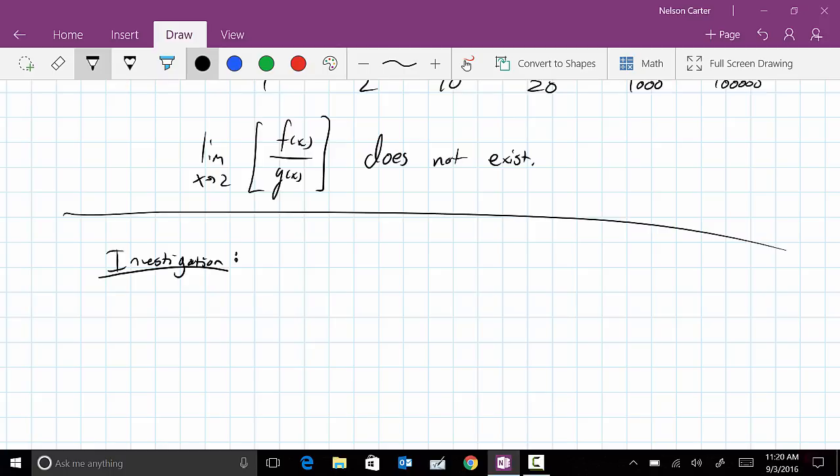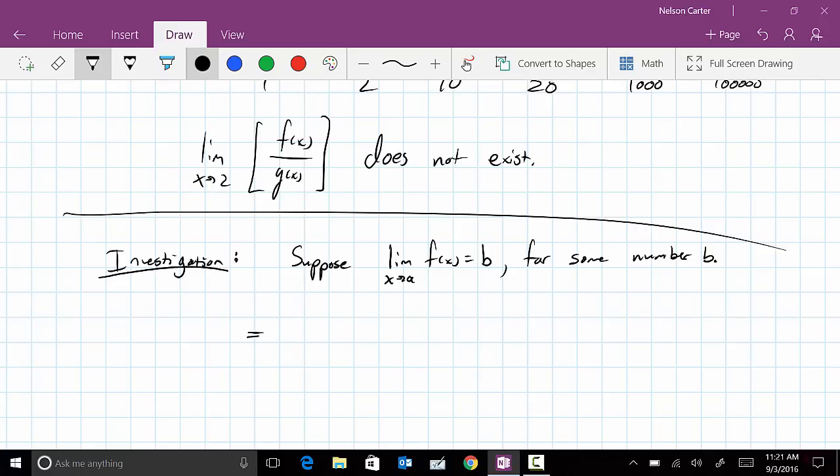Just for a moment, let's suppose that the limit as x approaches a of f of x is equal to b for some number b. So we're going to assume that the limit as x approaches a of f of x exists, and that limit happens to be b, and that's a two-sided limit, and b is some number. It's got some limit.